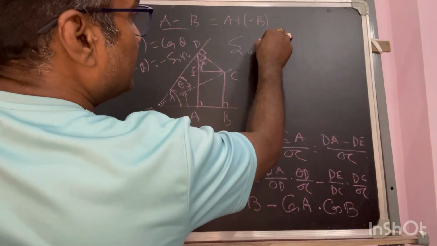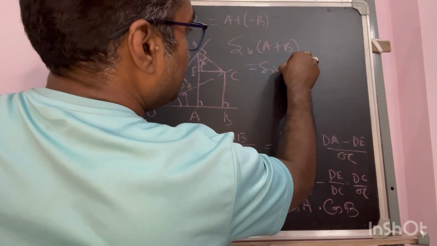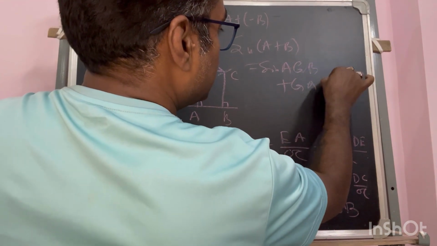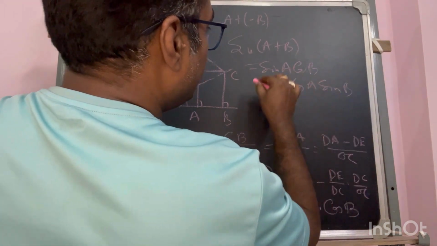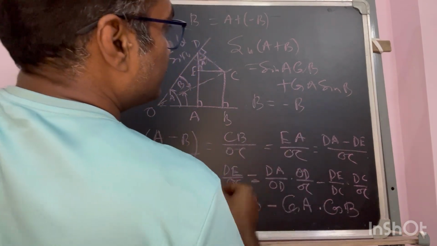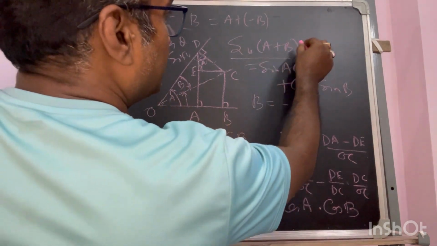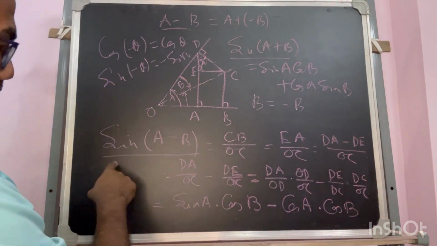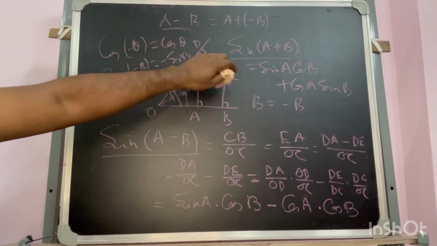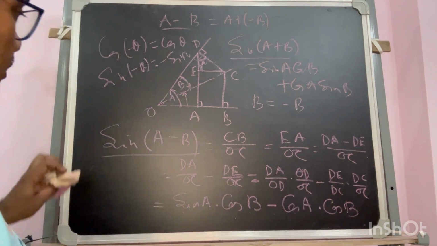Sine of A plus B is equal to sine A cos B plus cos A sin B. In that, if I put B equal to minus B, that also will give the same formula. So in both ways, I have proved that sine of A minus B is sine A cos B minus cos A sin B.